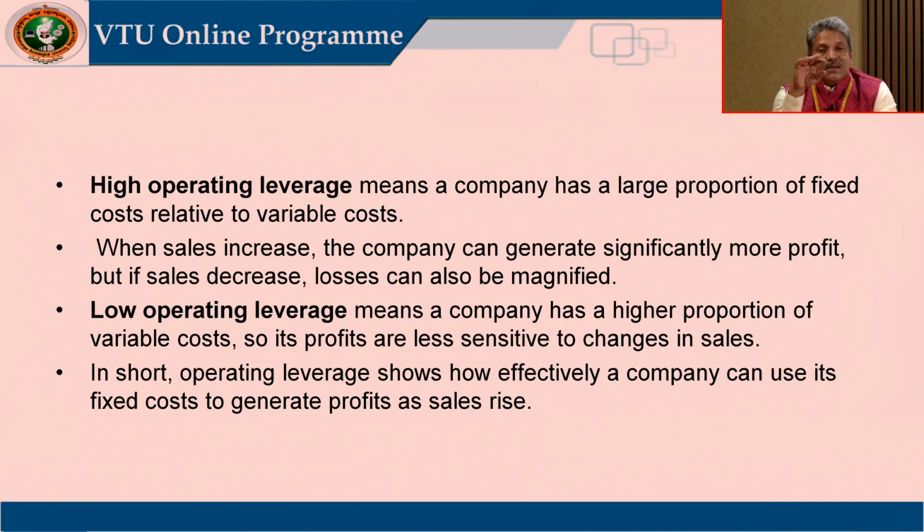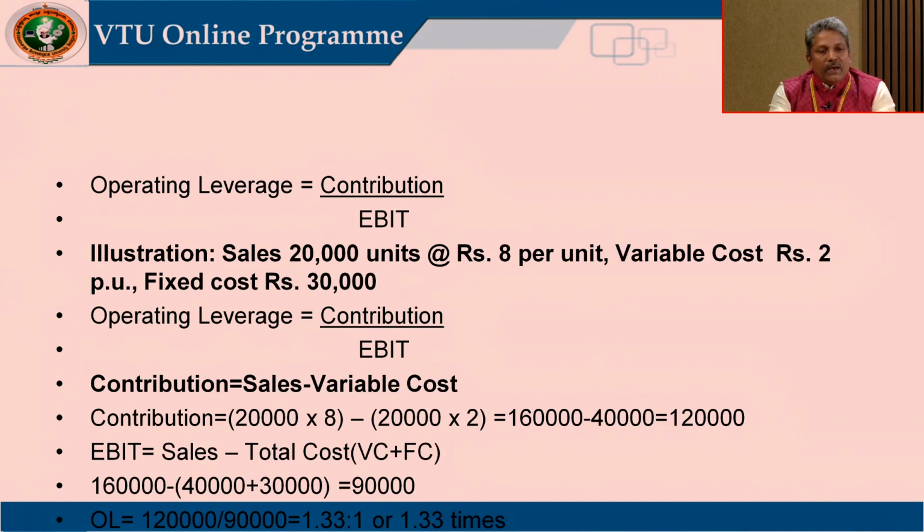In this case, the fixed cost element is higher than the variable cost, so operating leverage is high. In short, operating leverage shows how effectively a company can use its fixed cost to generate profits as sales rise. Here I have given one example of how operating leverage is calculated.